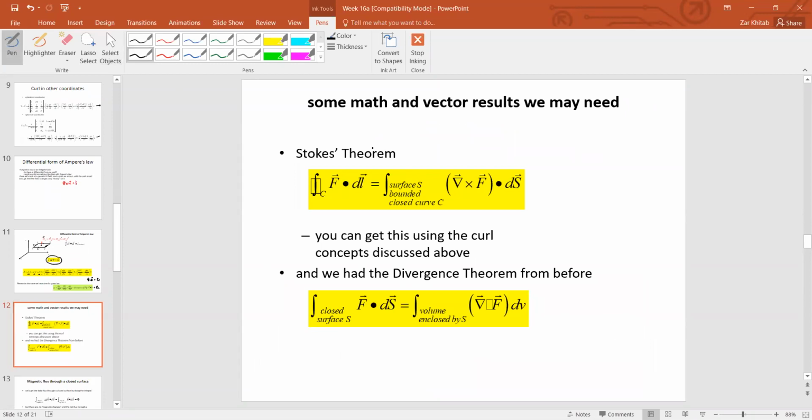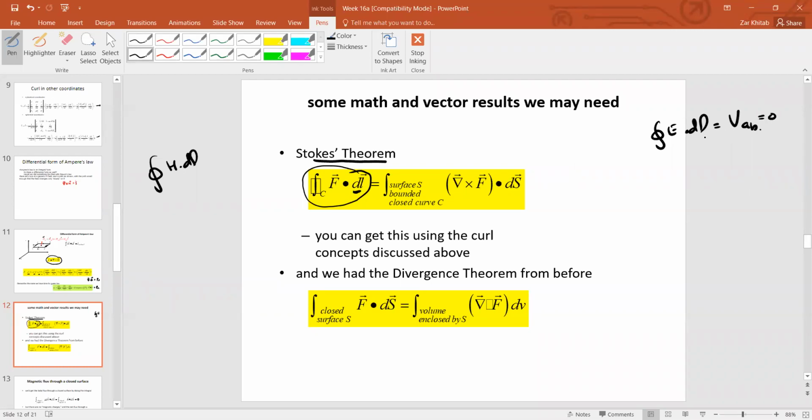There's another law called the Stokes theorem. The Stokes theorem is going to give you a closed loop line integral, a closed path integral. Look, H dot dl is a closed path. You remember the integral of E dot dl was voltage AB. In a closed loop, it was zero.